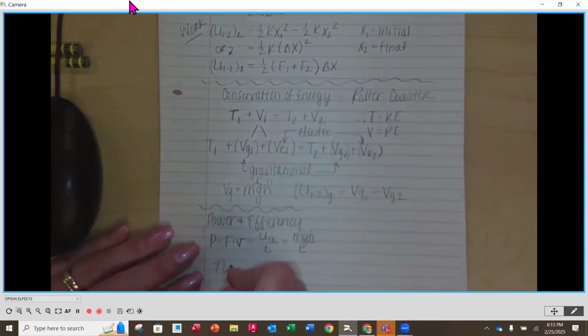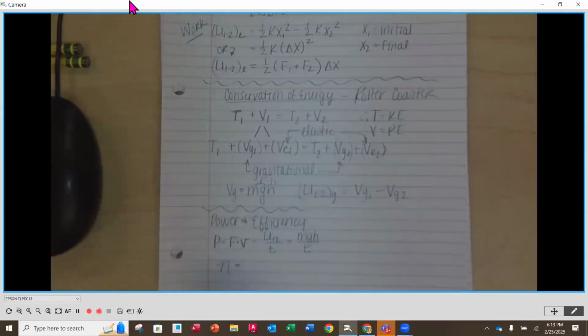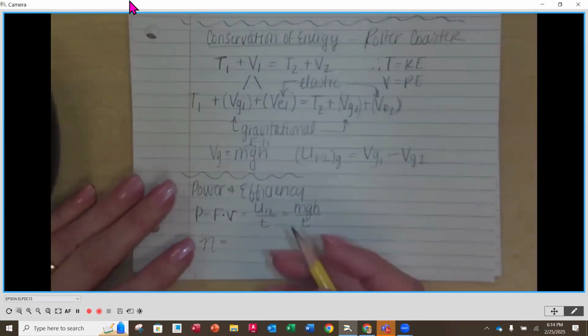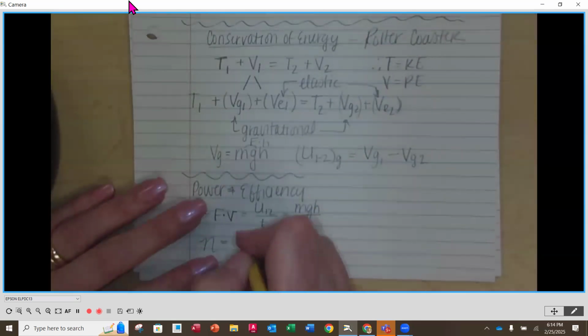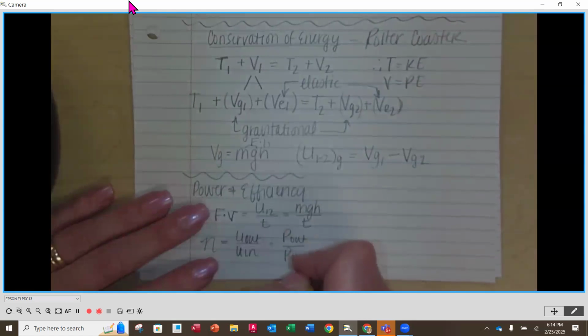Now, efficiency, that's this like cursive N, if you would. That's what we see a lot for efficiency, is going to be the work out divided by the work in. And then we can also do power out divided by power in.